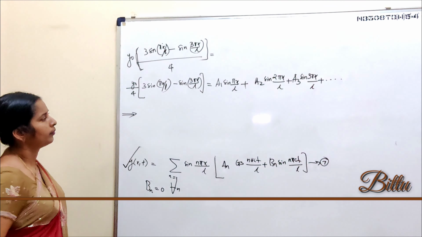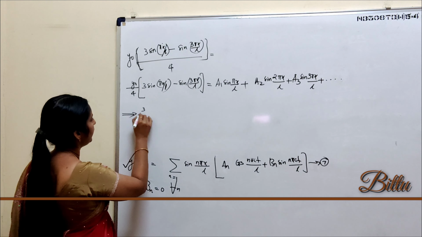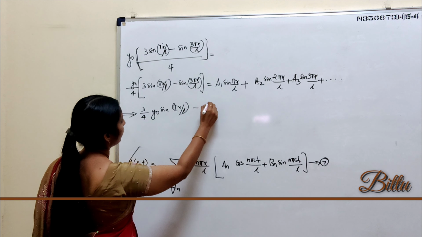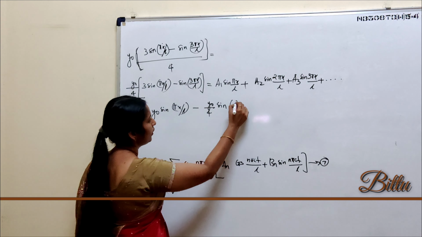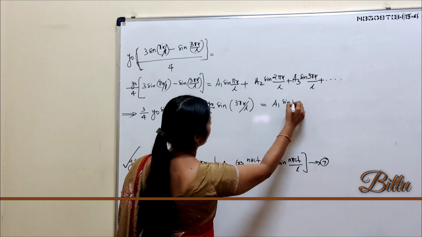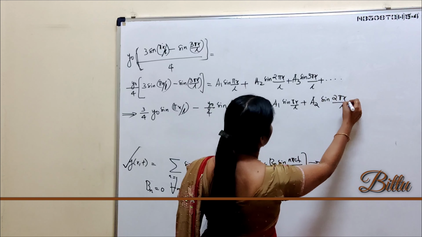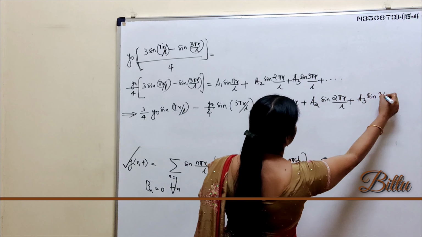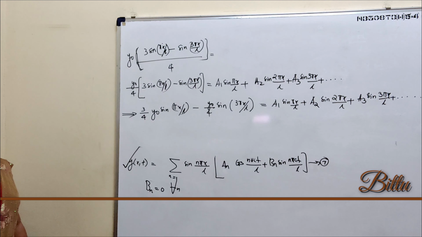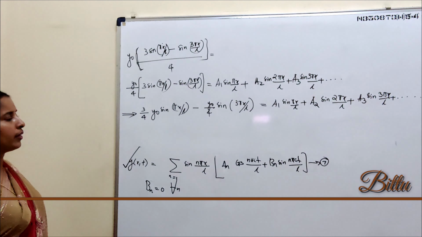Next you equate like terms on both sides. Before that you can open the bracket. It is 3 y0 by 4 sin pi x by L minus y0 by 4 sin 3 pi x by L is equal to a1 sin pi x by L plus a2 sin 2 pi x by L plus a3 sin 3 pi x by L plus etc. Our aim is to determine a1, a2, a3, etc. So you equate the corresponding coefficients of the trigonometric functions.